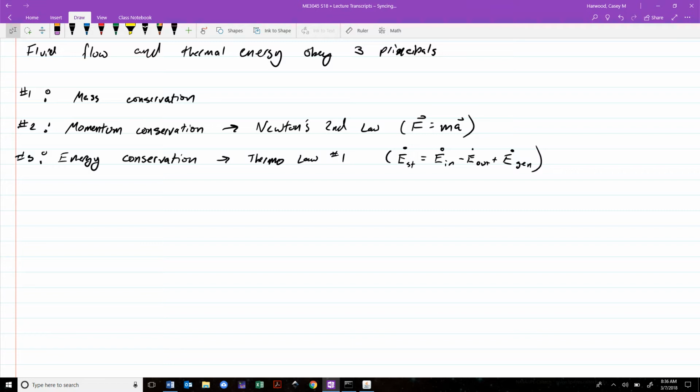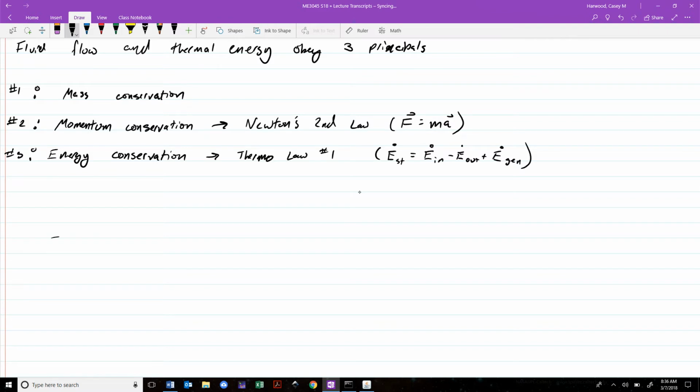So let's consider a case where we've got some object. We're not going to specify what shape it is, but it could be a flat plate, for example. We've got fluid flowing past it. We don't know what the fluid's doing, but if we have some velocity, we could refer to that velocity as V, which is composed of an x component, which we'll call u, and a y component called v.